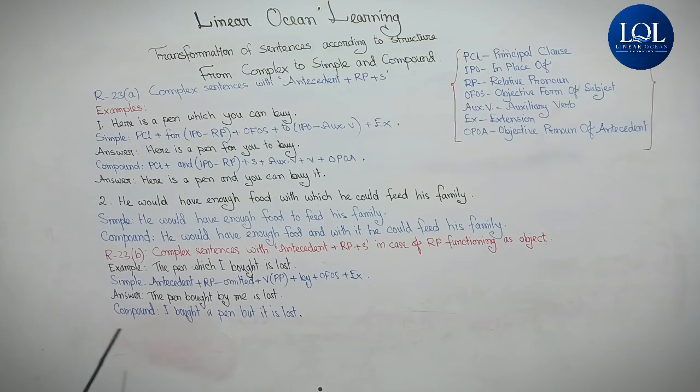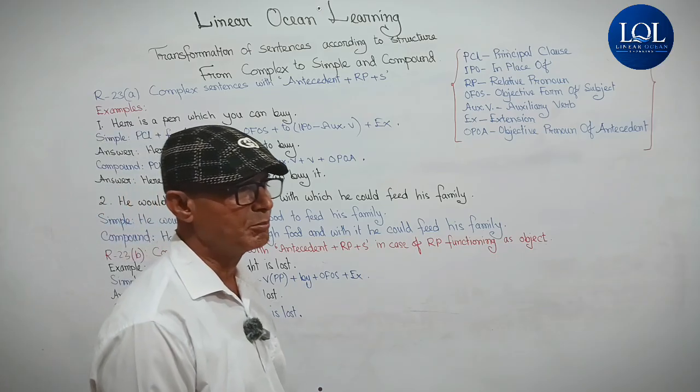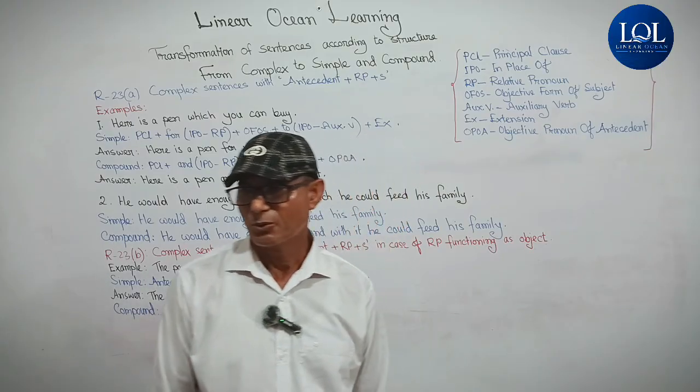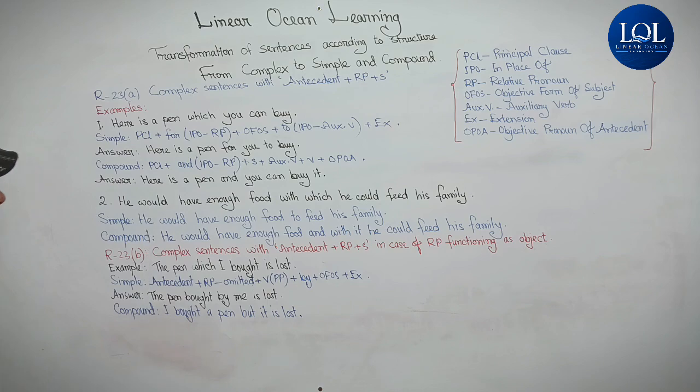However, I have made one for you, and if you follow this, it will be correct. You know, in public exams many sentences are asked to be put into compound or simple, but they are not in the exercise book or in the particular chapter. So we have to find a way out to put these things together.